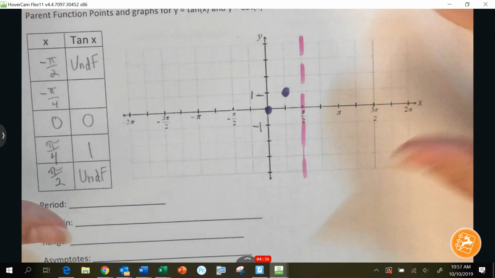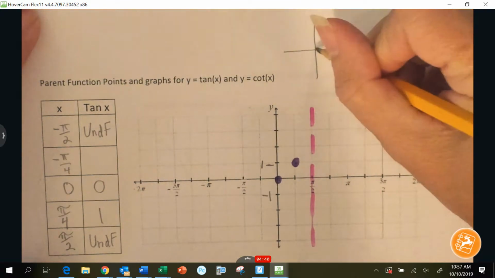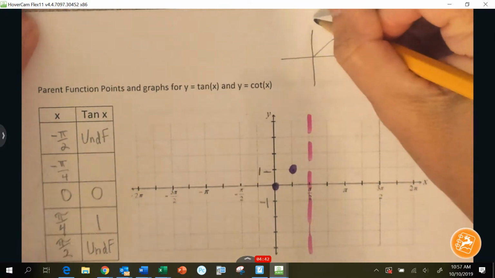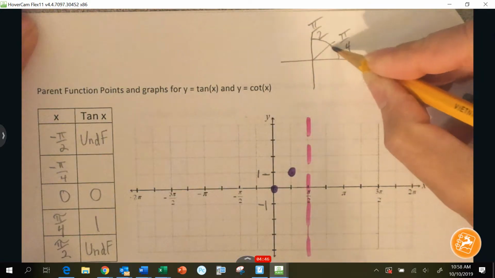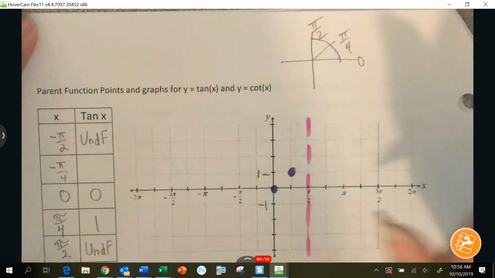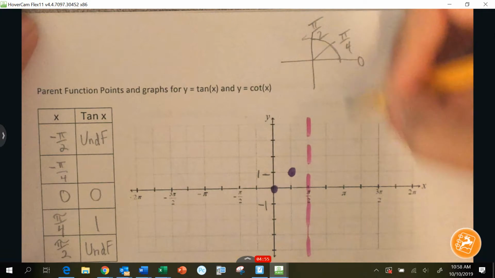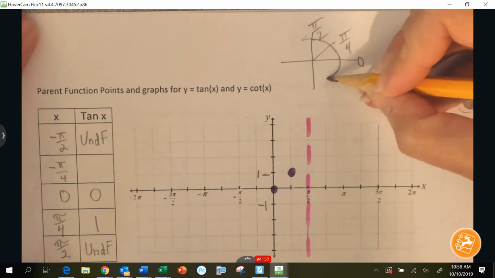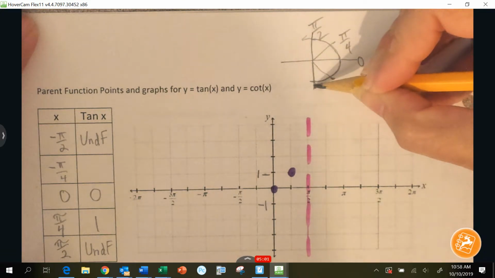So what I'm talking about on the circle is, we've got 0, pi over 4, pi over 2 here. But I'm going backwards, because if I went forward, I'd go counterclockwise around. Here I'm going to go backwards, so that's going negative, and I'm going to use this value, and this value.